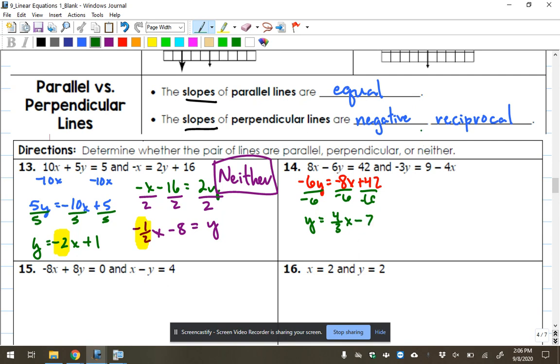The minus 7 doesn't matter. Then I'm going to divide this one by negative 3, and that's going to be y is equal to positive 4/3 x minus 3. Same slope. Those are parallel.